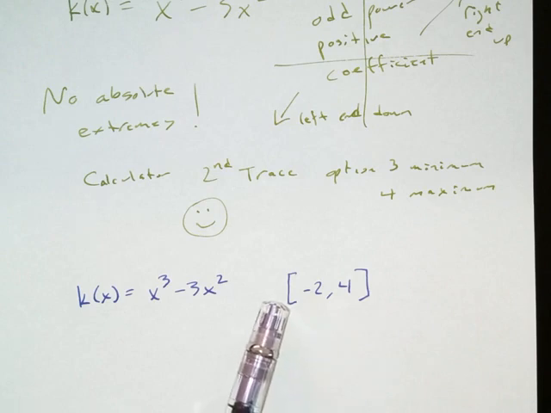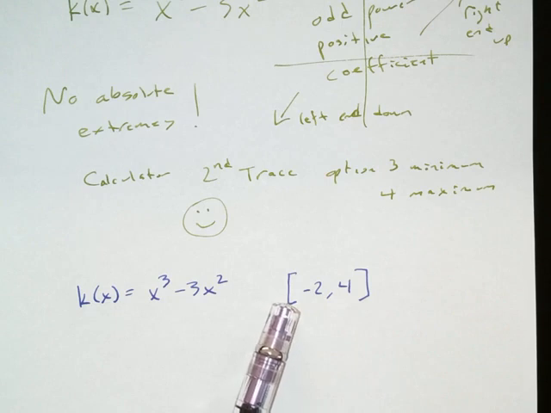What is that? An interval of x values. I've changed the rules now. And I've said you're only allowed to look between -2 and 4. Because this is a closed interval, I'm including the number -2, I'm including the 4.